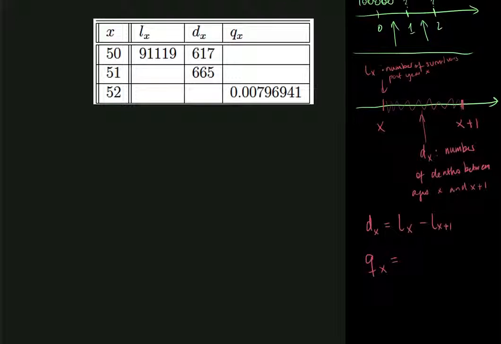So in the book it tells us that tqx is given by Lx minus Lx plus t, so in our case our t is just a 1 here, divided by Lx, which in turn is just equal to number of deaths over number of survivors at age x. So we will use this expression and this expression to fill in our table.